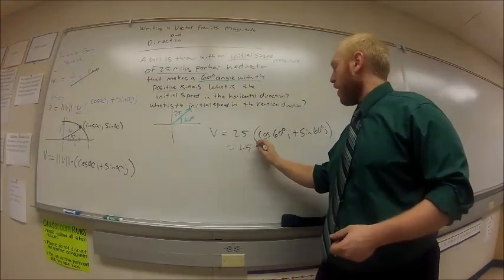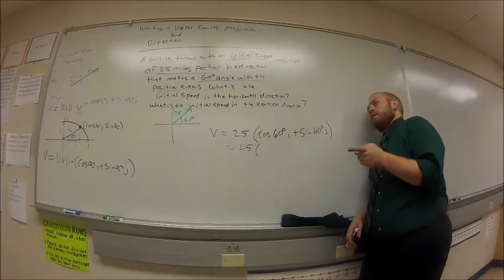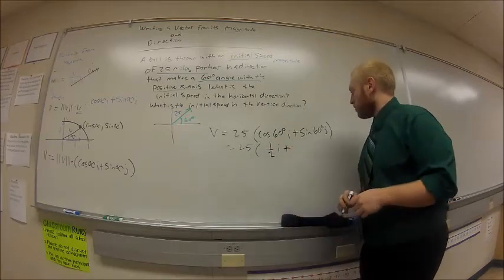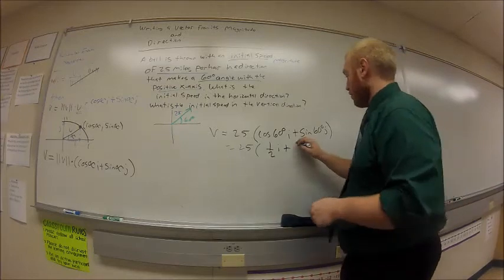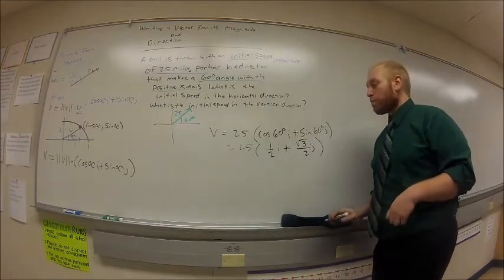Equals 25 times the cosine of 60 degrees, 1/2, i plus the sine of 60 degrees, that's root 3 over 2, j. And now distribute the 25.